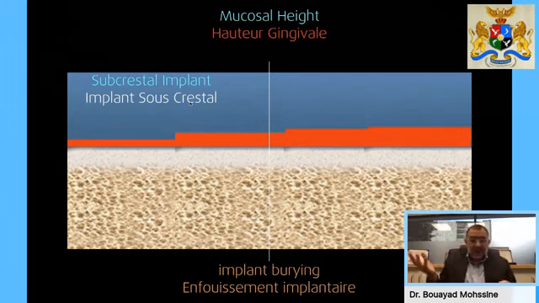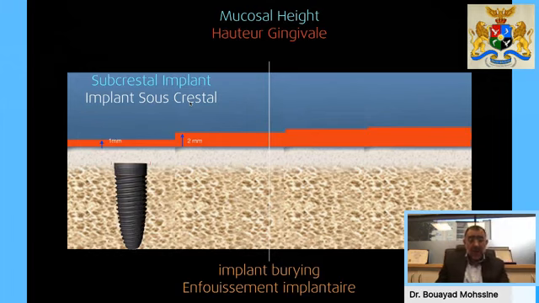On the left of the slide, when we have a thin mucosa between 1 millimeter to 2 millimeters of residual thickness of mucosa, we have to place our implant 3 millimeters under the bone.